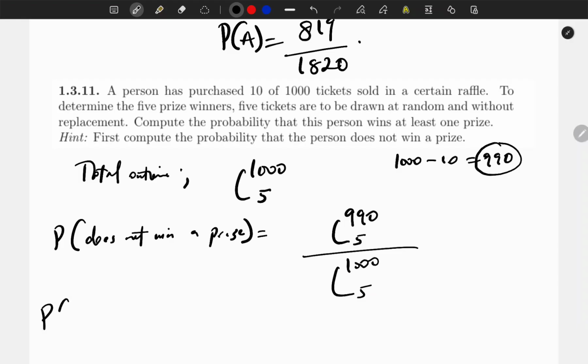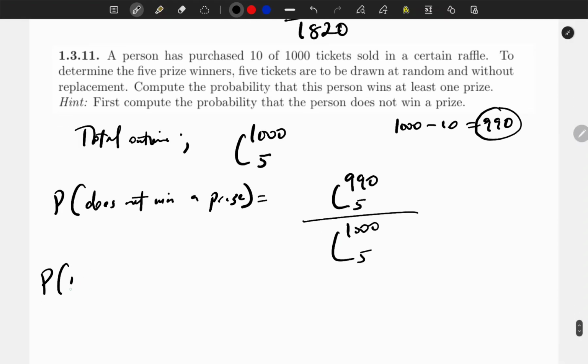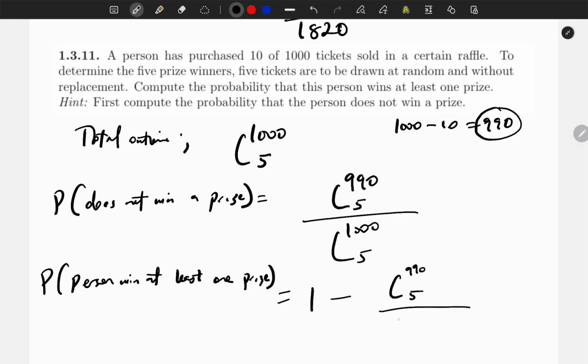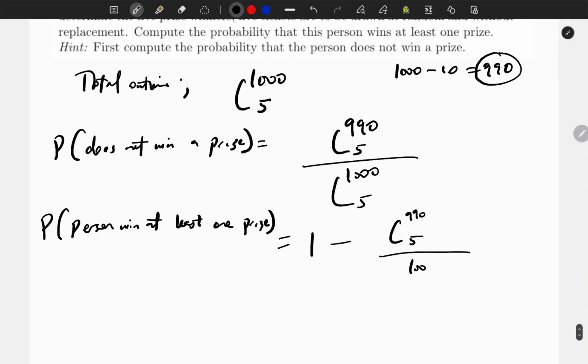So the probability that the person wins at least one prize will be equal to the complement of not winning, which is 1 minus combination of 990 choose 5 over combination of 1,000 choose 5.